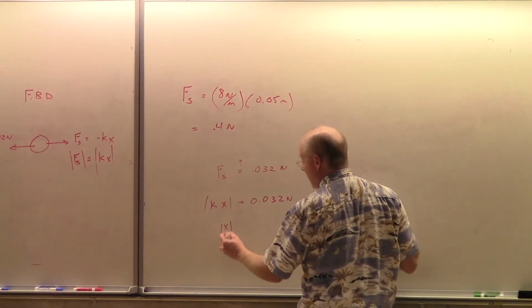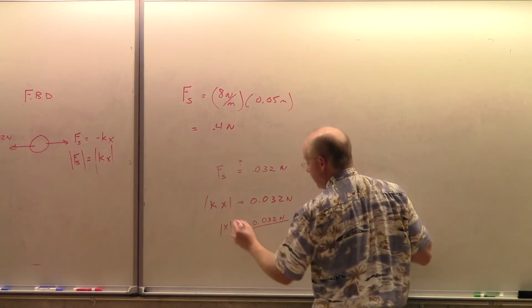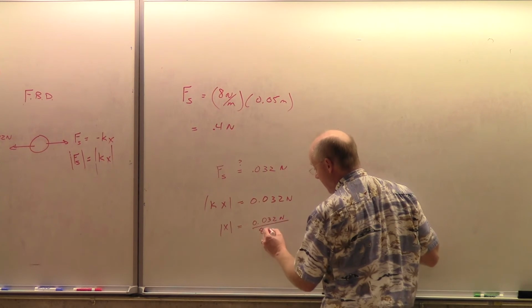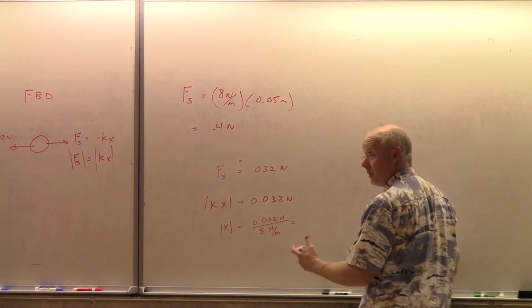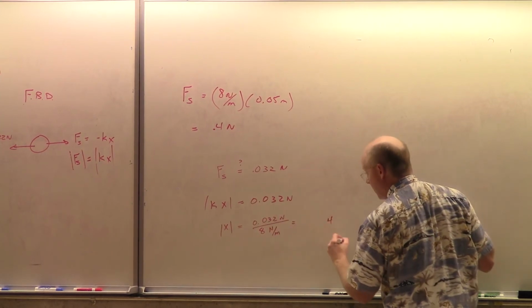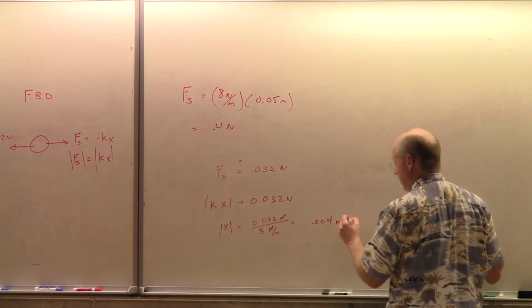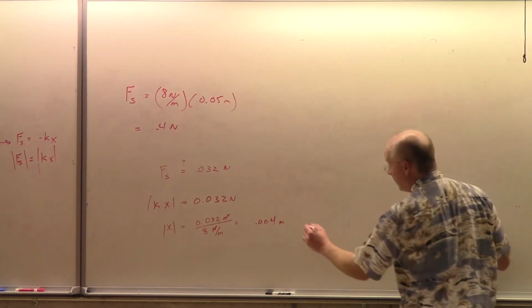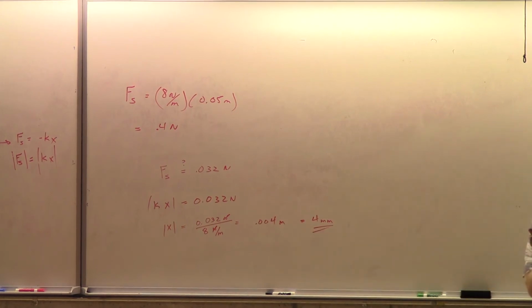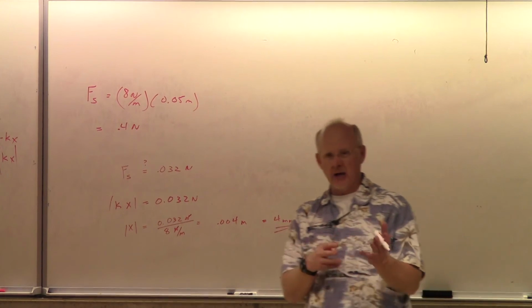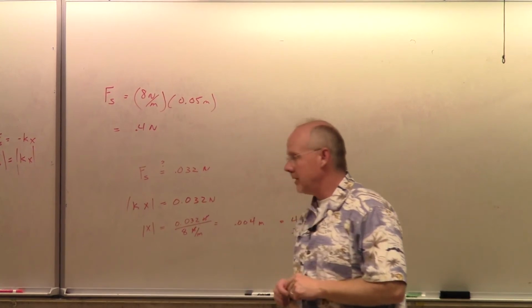So the absolute value of x would then be 0.032 newtons divided by the k, which is 8 newtons per meter. And so 8 goes into 32 four times. 4, and then 2 zeros, newtons cancel with newtons, and you're left with a meter. Or if you like, 4 millimeters. So it is close to equilibrium. Closer than I guessed. I was thinking it would be a whole centimeter or something, but it's pretty close to equilibrium before we get a balanced force.